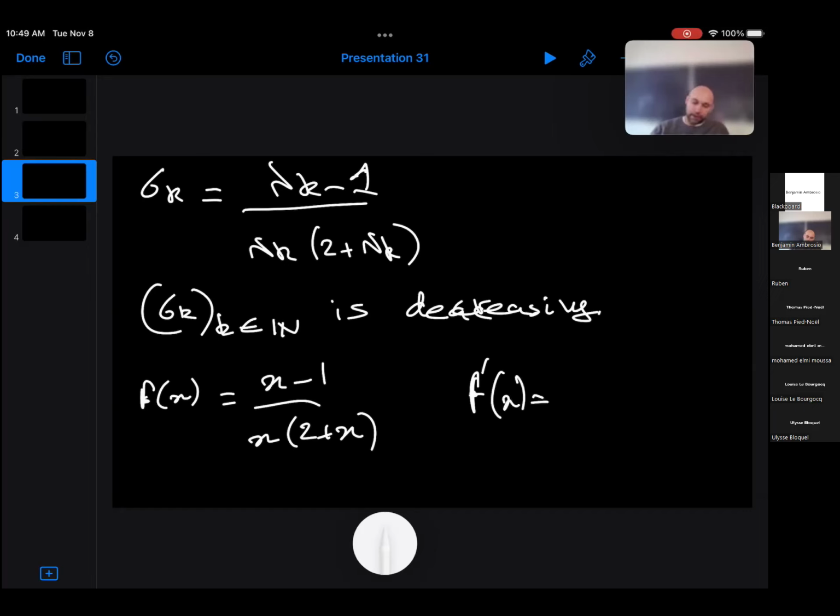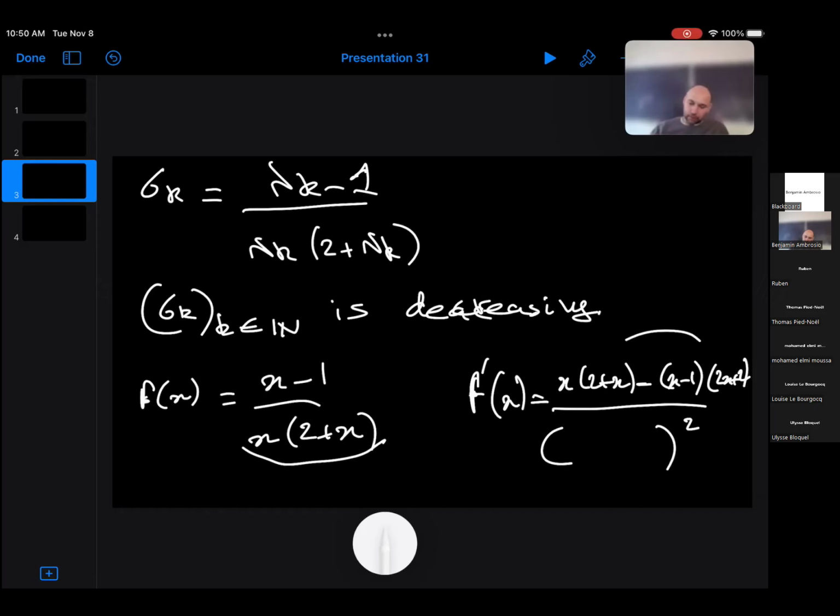So I get x times 2 plus x minus x minus 1, divided by this whole thing squared. Note that the lambda k are positive, so I'm just interested in the positive values of x.